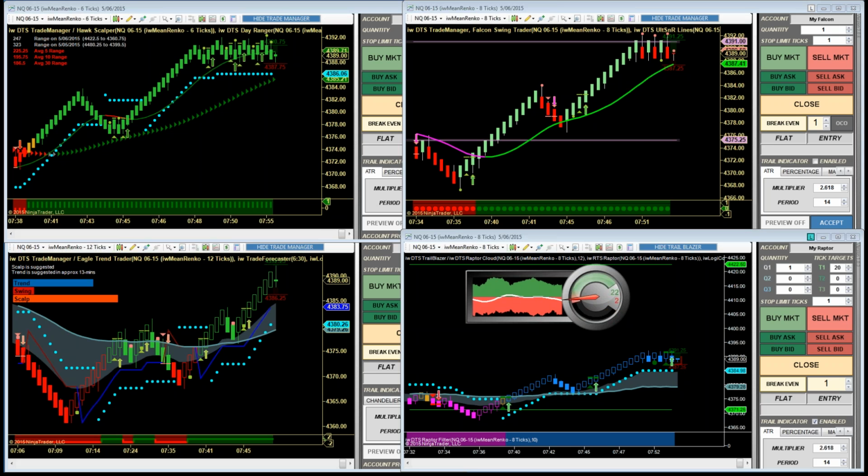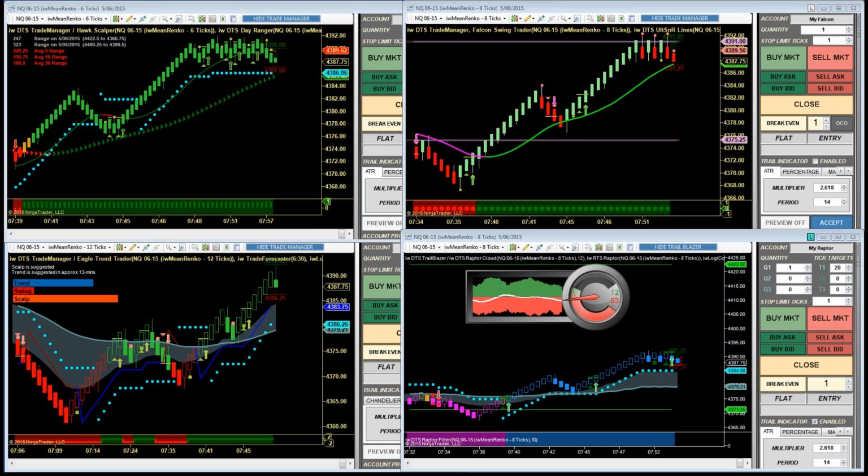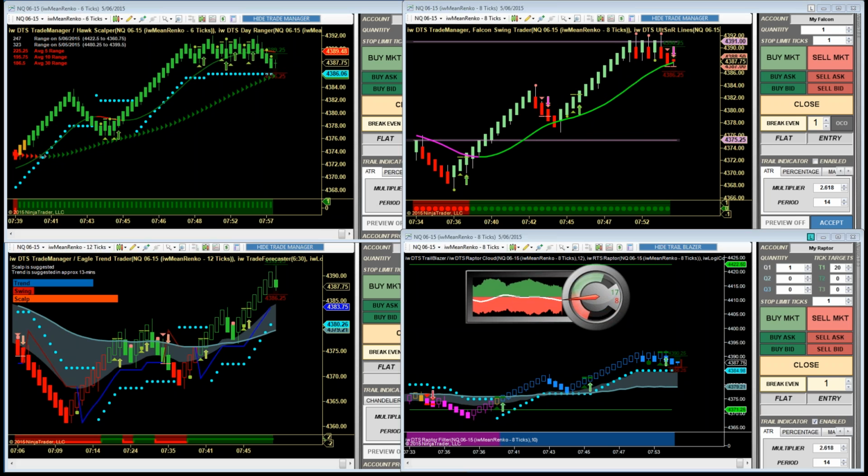Oh, I see. Tom says he bought the dynamic equivolume and was wondering if they would work with the mean Renko. You know what, Tom? I'm guessing they don't, but if they don't, we can always put you in touch with the programmer and he can maybe tweak them a little bit to make it work. I'm not sure. It's a pretty smart fella, the programmer.